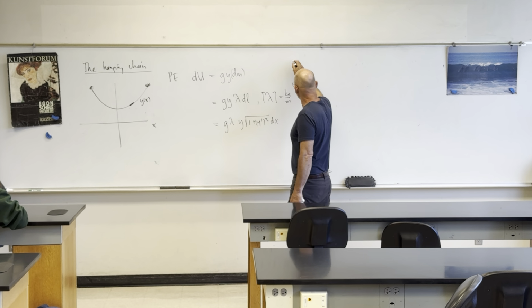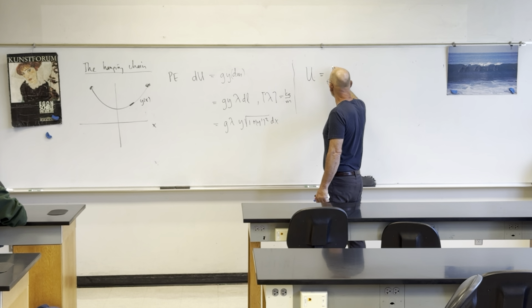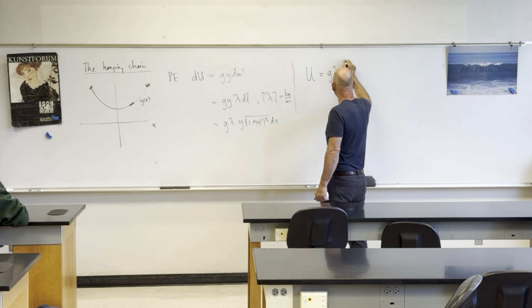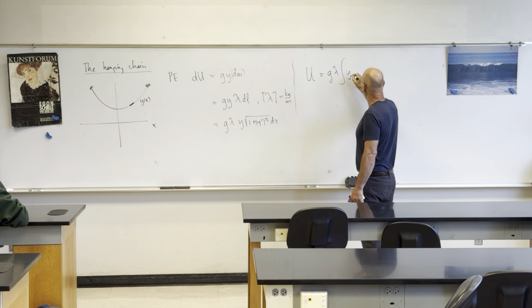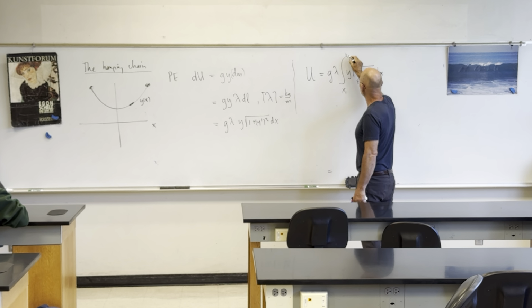So here's our potential energy. U equals G times lambda integral Y root 1 plus Y prime squared dx from x1 to x2.